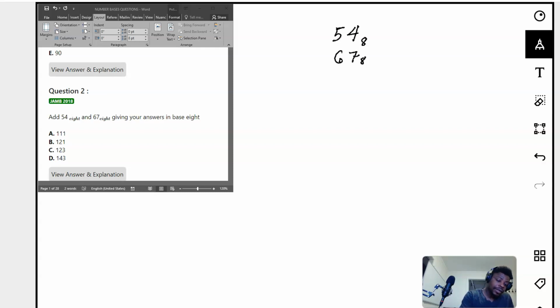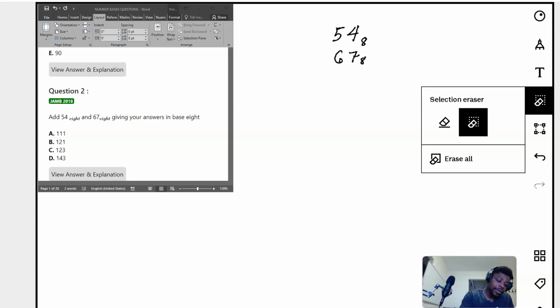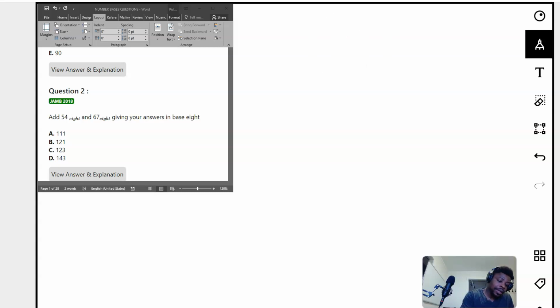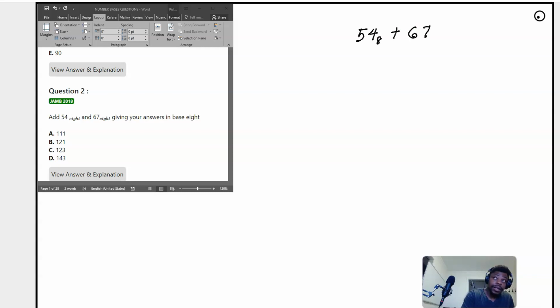So we can just write it in another way. So I can say 54 base 8 plus 67 base 8. And we are leaving our answer in base 8.